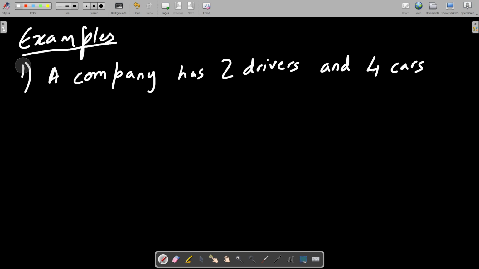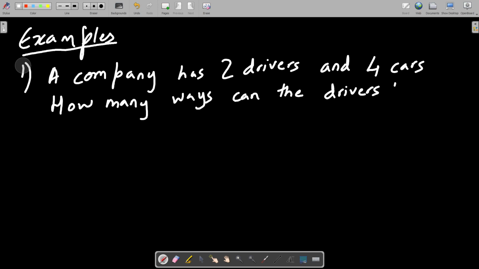Okay, so in how many ways can the drivers be assigned to the cars?